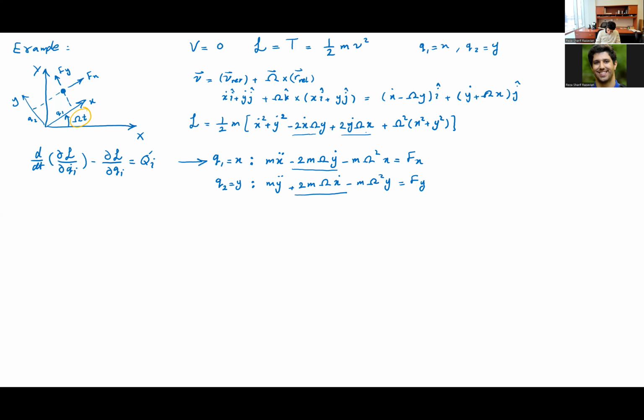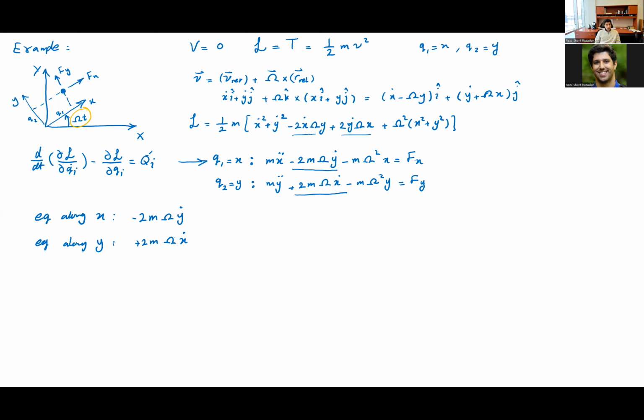And also one other thing. In the equation along x, I have the term minus 2m omega y dot, and in the equation along y, plus 2m omega x dot.